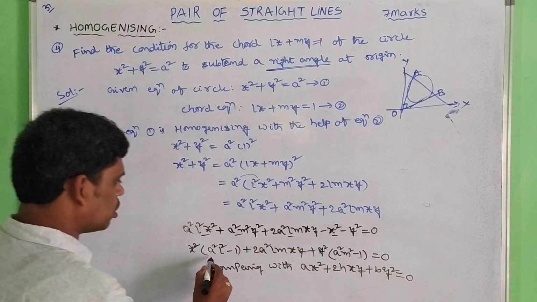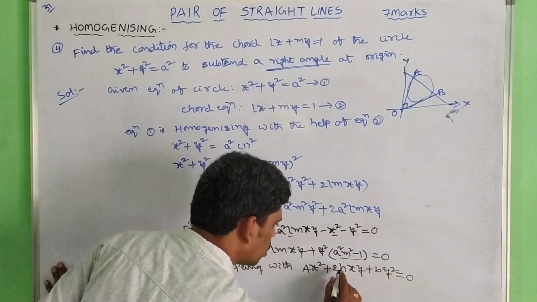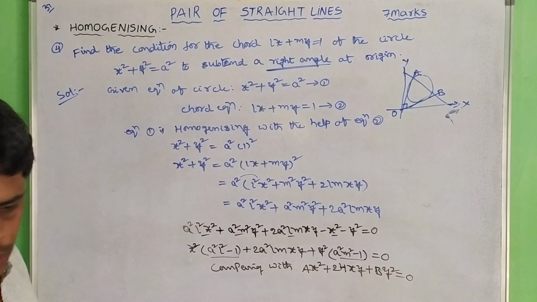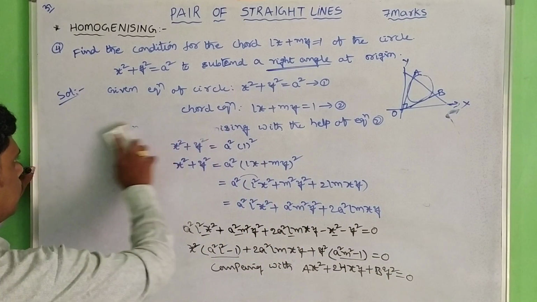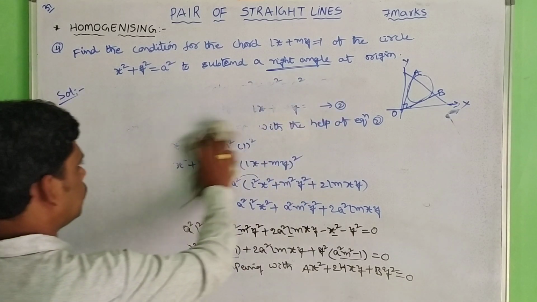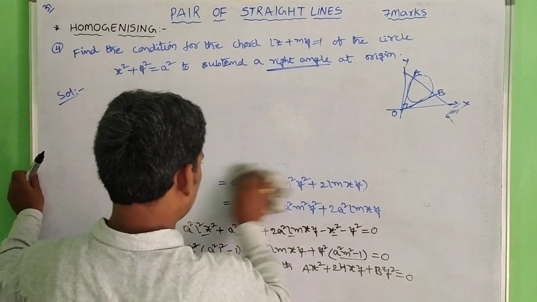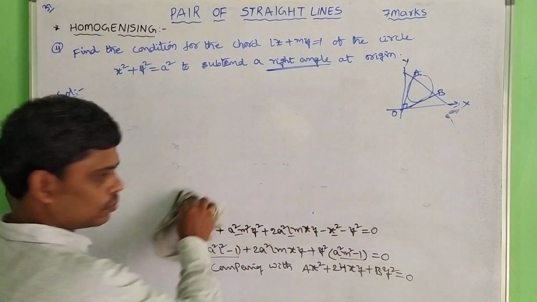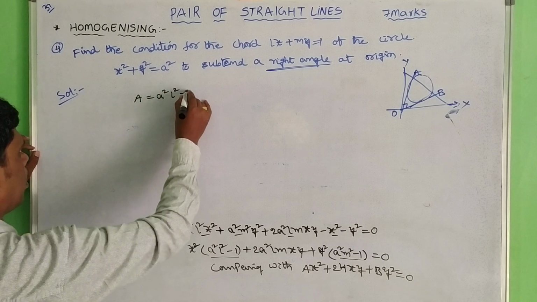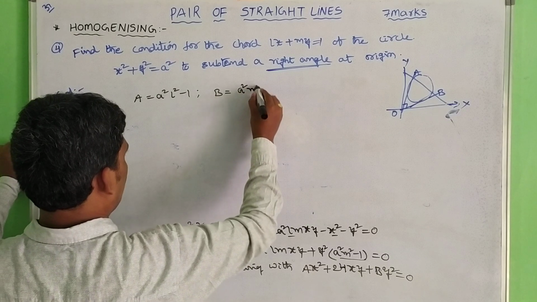Here the value of A equals a square l square minus 1, and B equals a square m square minus 1.